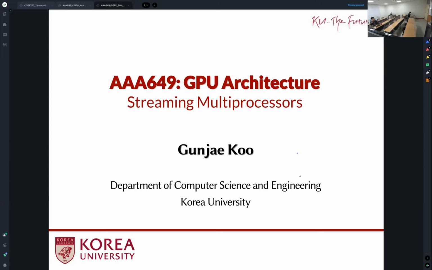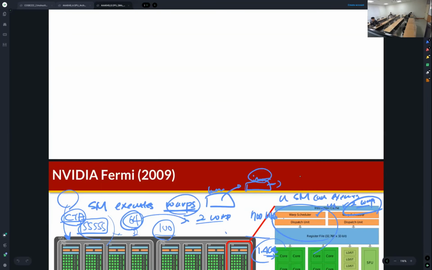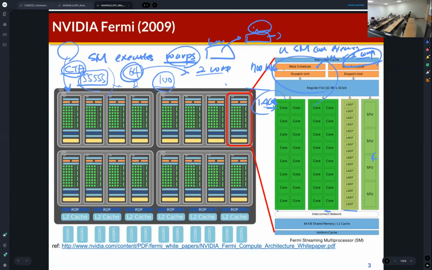Okay, so after learning about the SM, the streaming multiprocessor, and the memory hierarchy of the GPU, we will also cover the GPU simulator called GPGPU-Sim. GPGPU-Sim is an architectural simulator, software that emulates the behavior of processors.